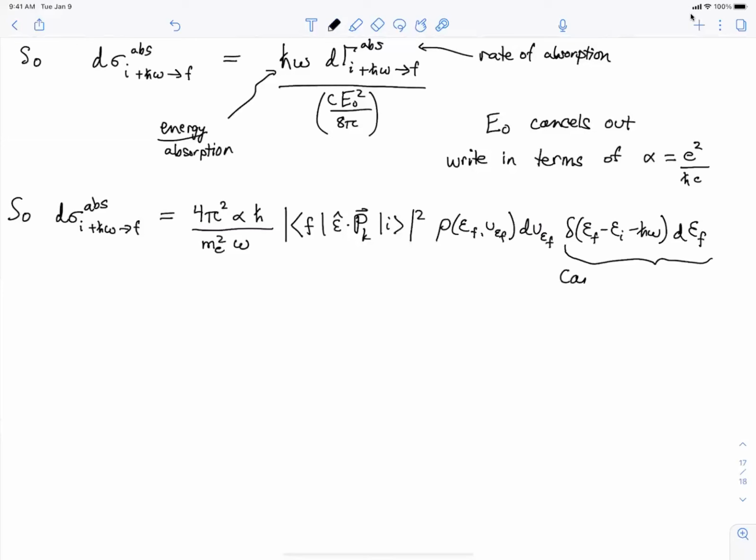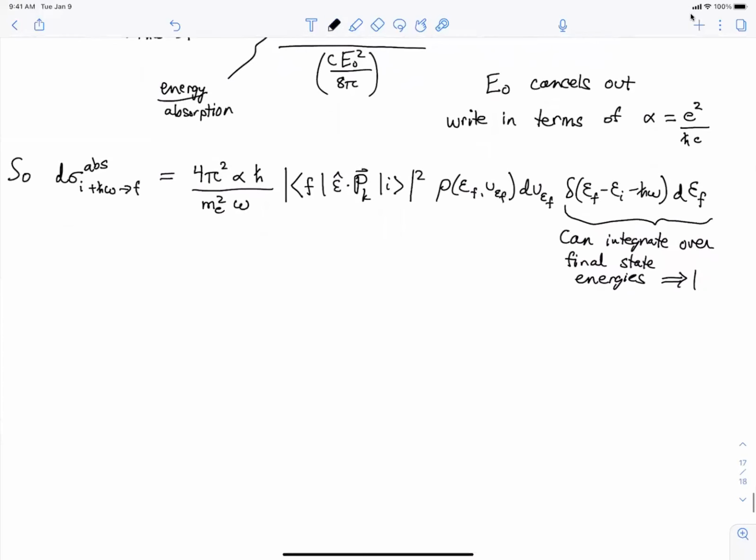So we can integrate over final state energies, and those two factors just go away and give 1, except that you have to remember that when you do that, you must set E final equal to E initial plus h bar omega.